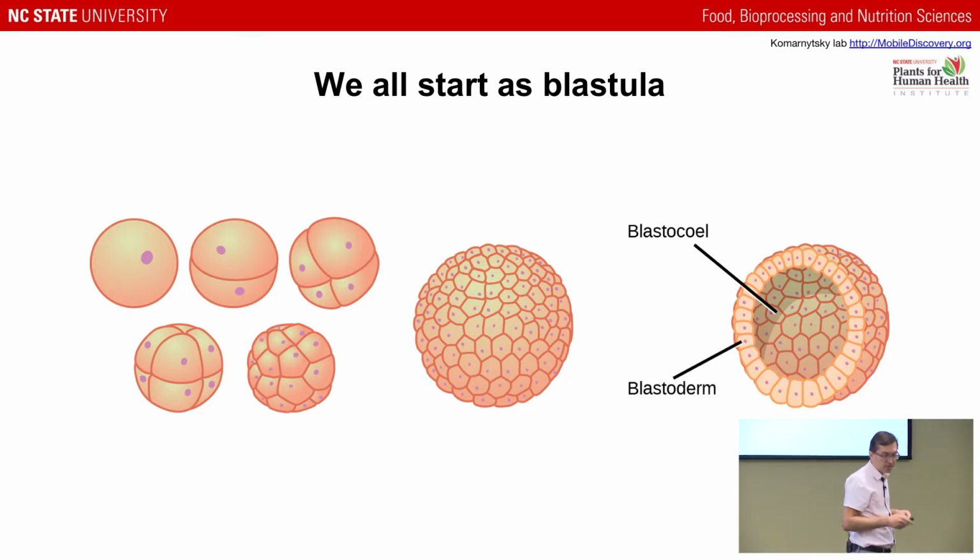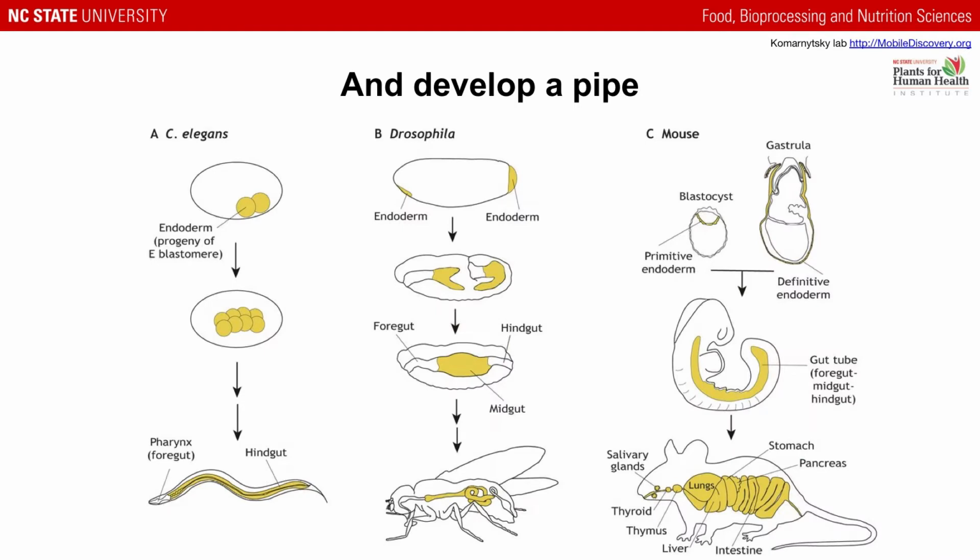And then what do you do next as you develop? You develop a pipe. Basically, whether you're a worm, a fly, a mouse or a human being, you start with the ectoderm, right? A little group of cells which start dividing and create a tube which penetrates into the blastula and eventually breaks out on the other end, creating a hollow pipe that goes through the embryo, right?